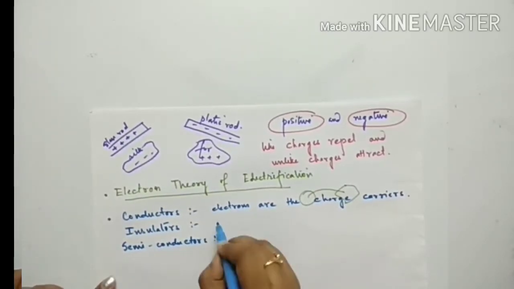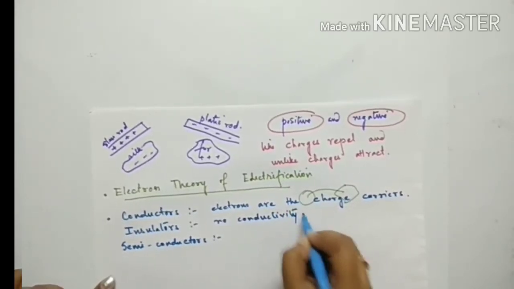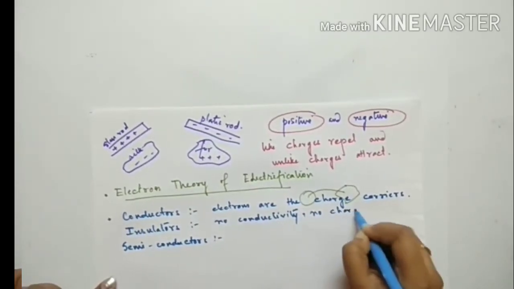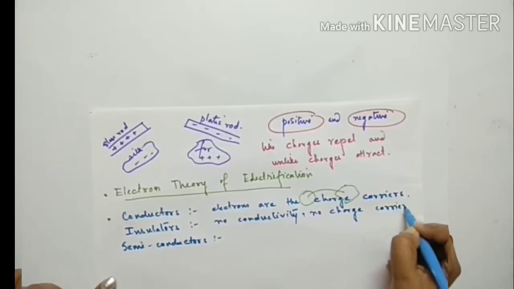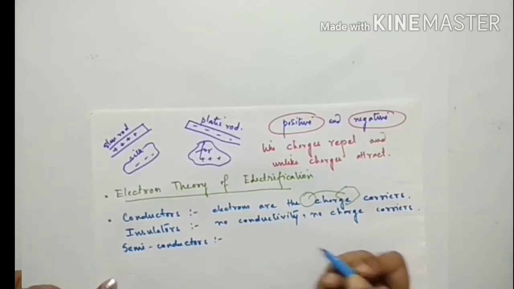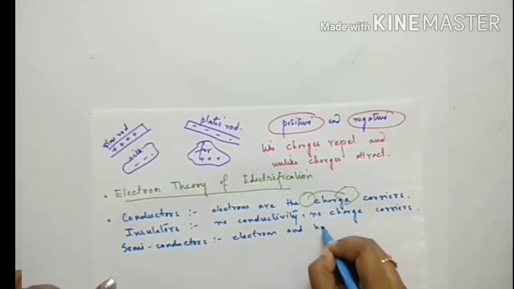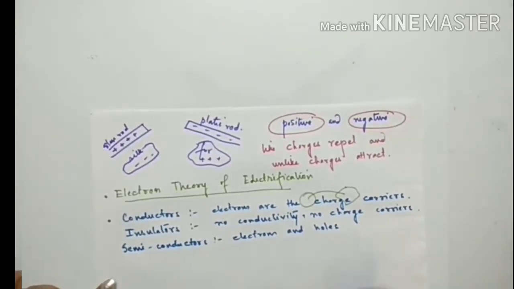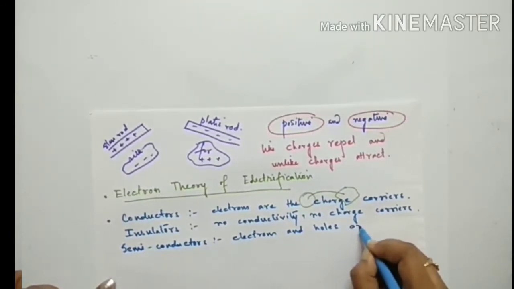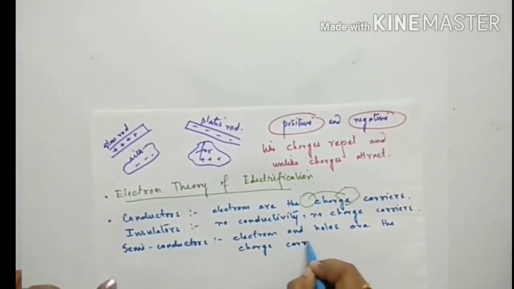In insulators, there is no conductivity. They do not conduct, as there are no charge carriers. And semiconductors can partially conduct. Here electrons and holes, we will come to know later what holes are, are the charge carriers.